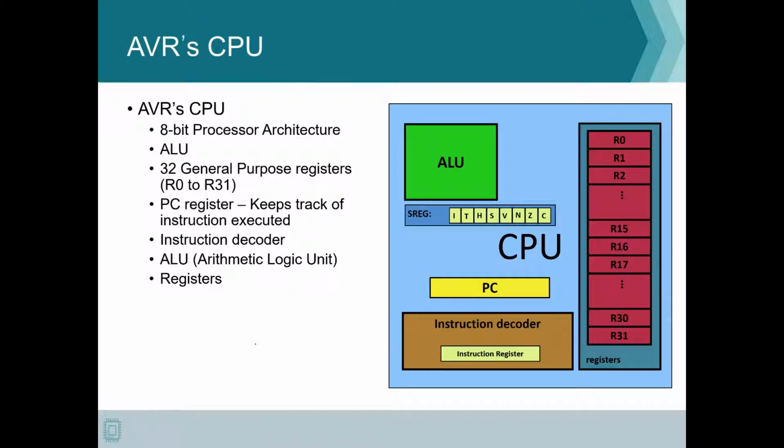Looking into the AVR's CPU, it is an 8-bit processor, hence it uses an 8-bit microprocessor, and it has an 8-bit ALU. So the inputs and output to the ALU are all 8 bits.